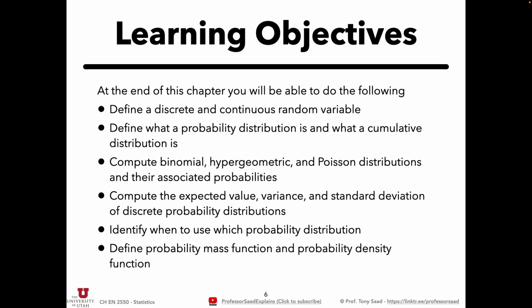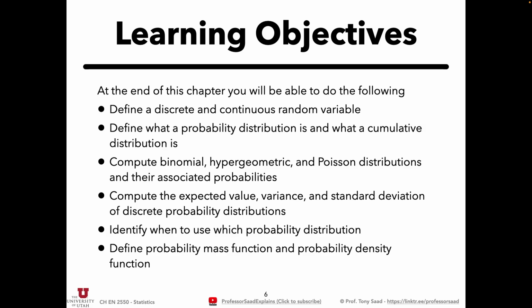So at the end, you'll be able to do the following: define discrete and continuous random variables, define what a probability distribution is and what a cumulative distribution is, compute binomial, hypergeometric, and Poisson distributions and their associated probabilities. So we'll learn about 3 distributions.